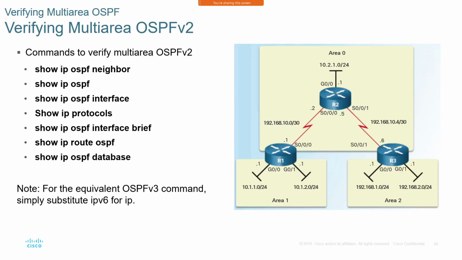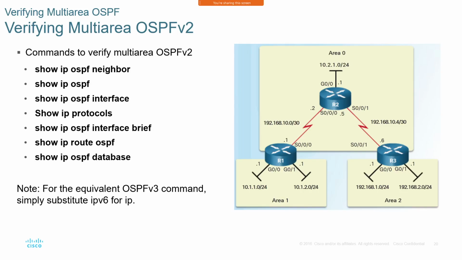We also have the show IP OSPF database, which is pretty self-explanatory. If you want to see the LSDB, the link state database, on a router, show IP OSPF database will do the job. It will show you the link state database containing all the link state information for a certain route.